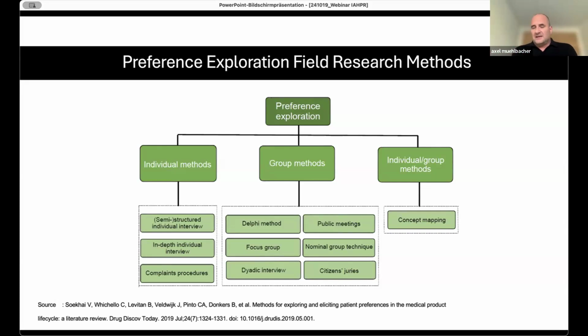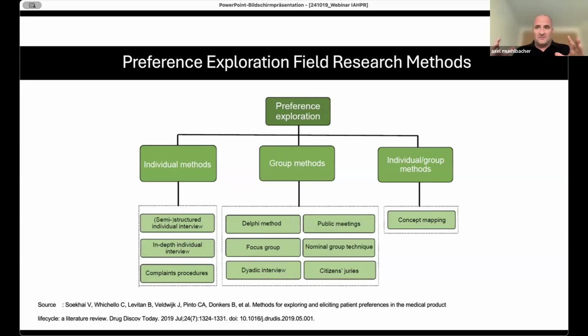There could be a large number of potential methods for group methods, starting with Delphi methods, or the nominal group technique, which was used previously in some papers. Also, the preference could be explored in public meetings or citizen juries.